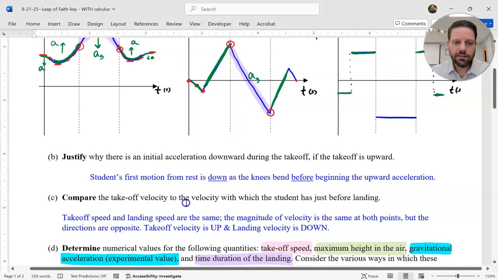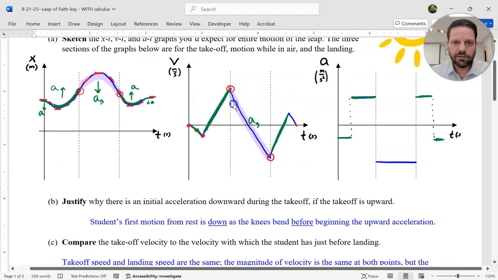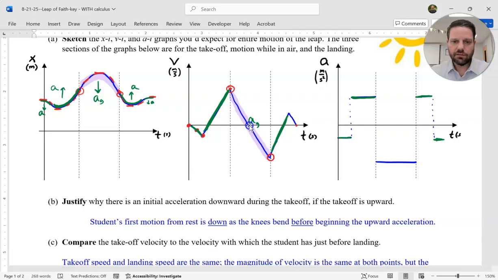Compare the takeoff velocity to the velocity with which the student has just before landing. So if we use our graph up here, the takeoff speed here is going to slow down according to gravity to 0 on the way up. And then that same acceleration is going to speed him up on the way back down.